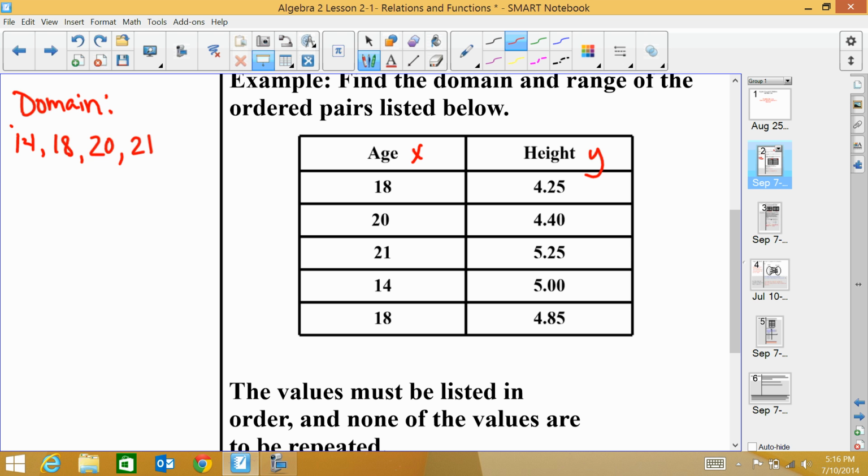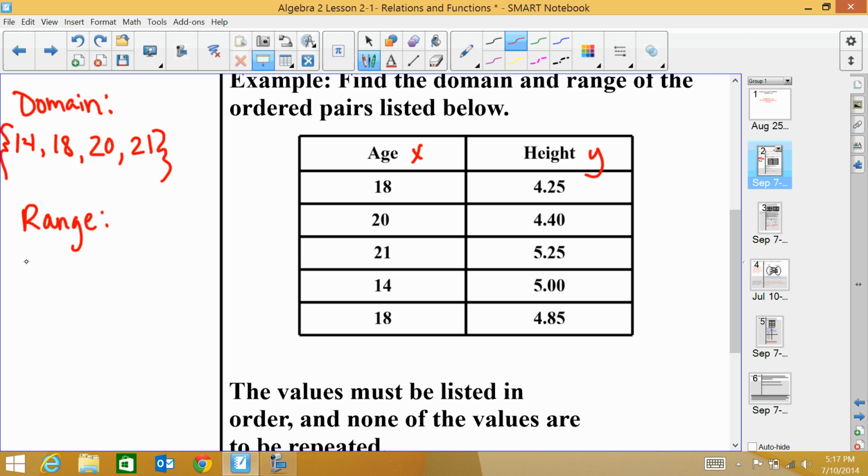Now sometimes you'll notice that in the book they're listed in brackets, so you might see it that way also. Now the range would be the y values listed in order from least to greatest and none of the numbers repeated.